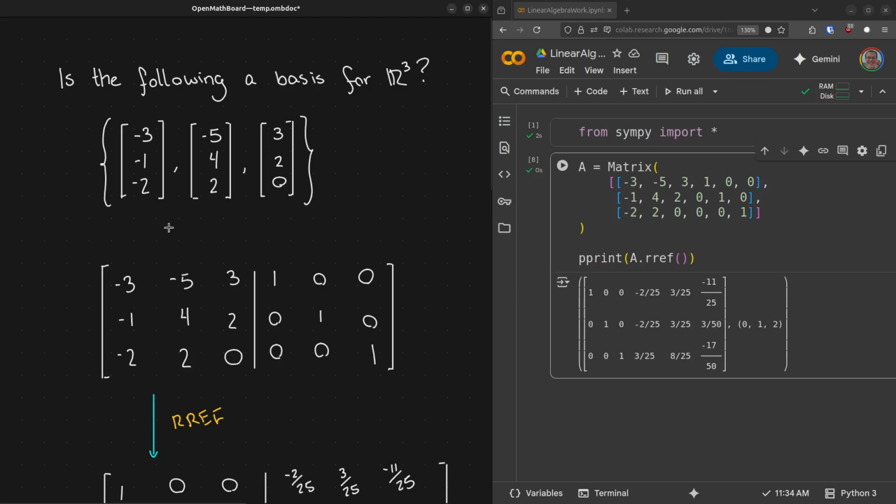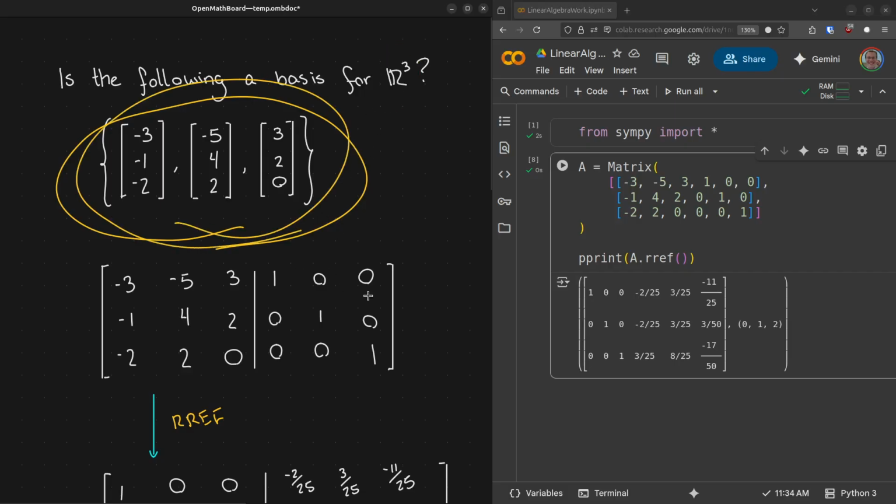So I could use a linear combination of these three vectors. Any vector in R3 can be expressed as a linear combination of these three vectors. And that linear combination would be unique. There's only one way to choose the coefficients of these vectors to express any vector in R3 as a linear combination of these three vectors.